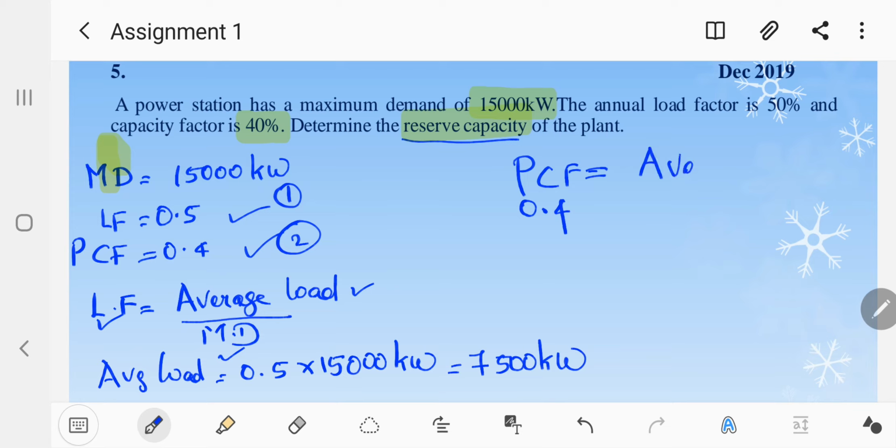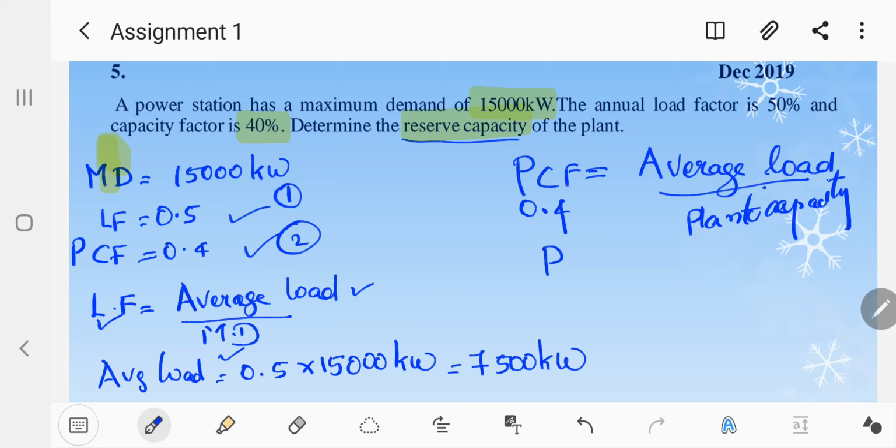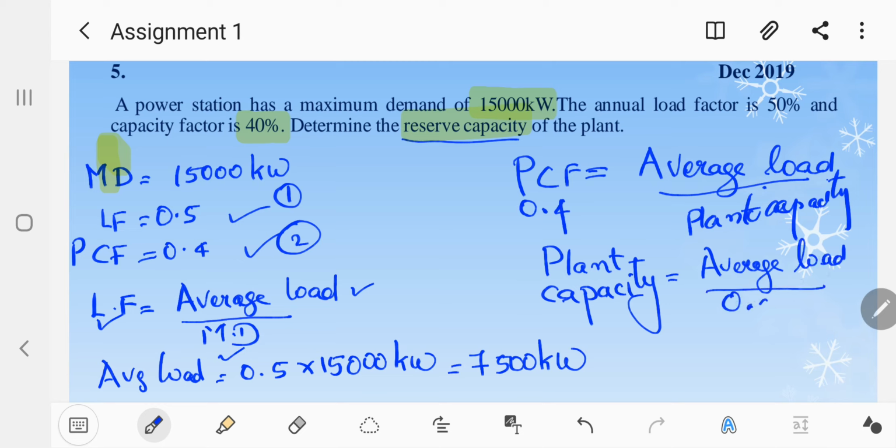The equation is average load divided by the plant capacity, from which you can find the plant capacity. Plant capacity is equal to average load divided by PCF, that means 0.4.